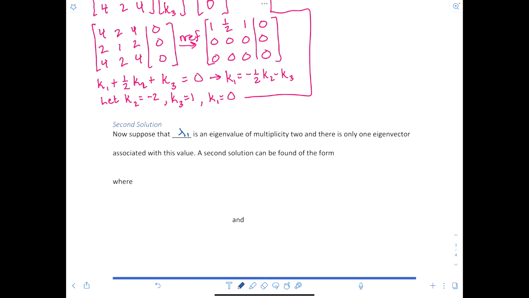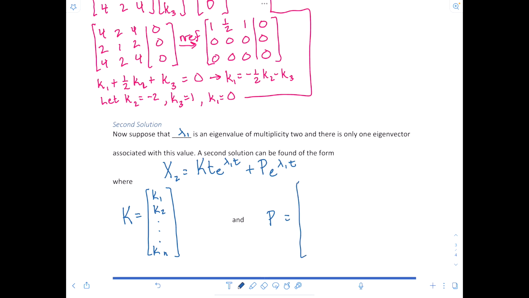It turns out a second solution can be found of the form capital X2 equals capital K times t e to the lambda 1 t, plus capital P times e to the lambda 1 t, where capital K equals K1, K2, like the normal stuff we do to find the eigenvector, and P is P1, P2, all the way down to Pn.